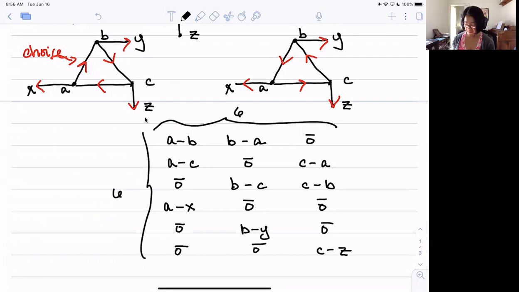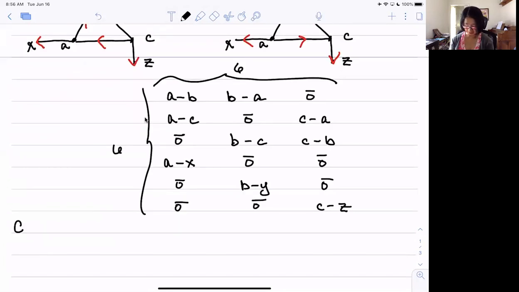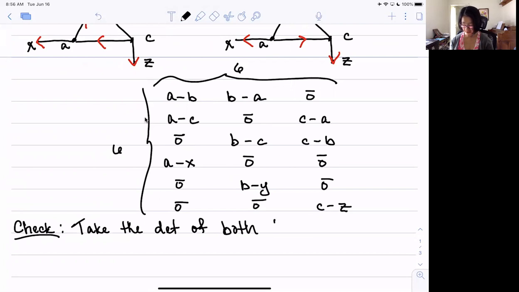And something you can do is take the determinant of both tied down rigidity matrices.